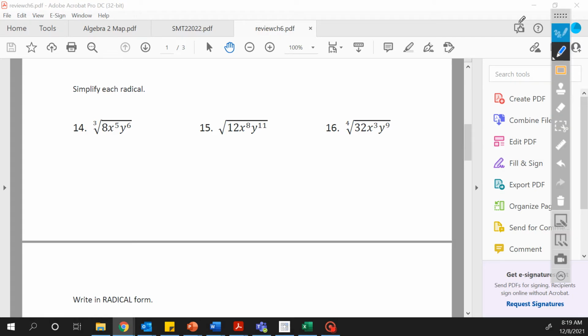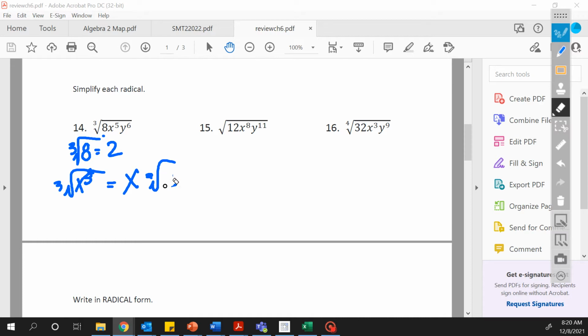Simplifying radicals, remember we're looking for groups of factors of 3. So 8 is composed of 3 factors of 2, so that reduces to 2. X to the 5th, you just have to divide the exponent, so you can bring a single x out, but there's a remainder of 2, so there's still x squared underneath.